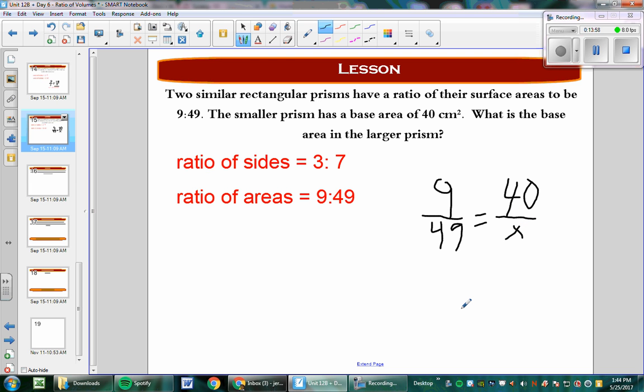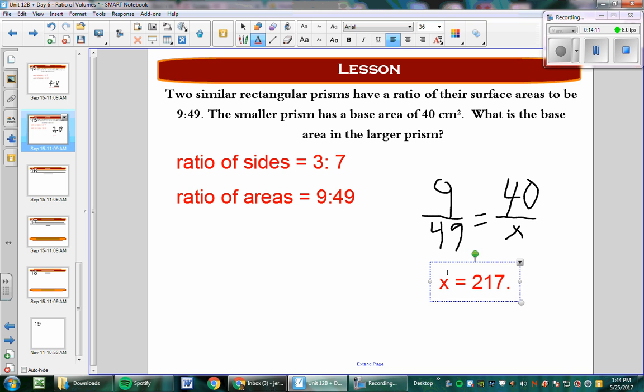Now when I cross multiply, I have 49 times 40. Divide that by 9, and x is 217.7 repeating.